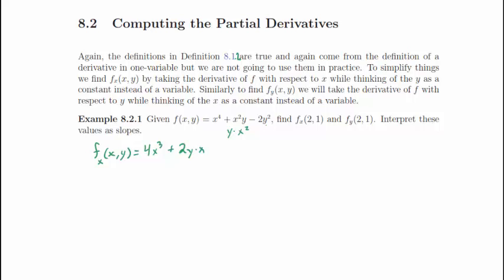Over here, I think of y as a constant. This is all a constant when we're taking the partial derivative with respect to x. So this just goes to 0, when taking the partial derivative with respect to x.